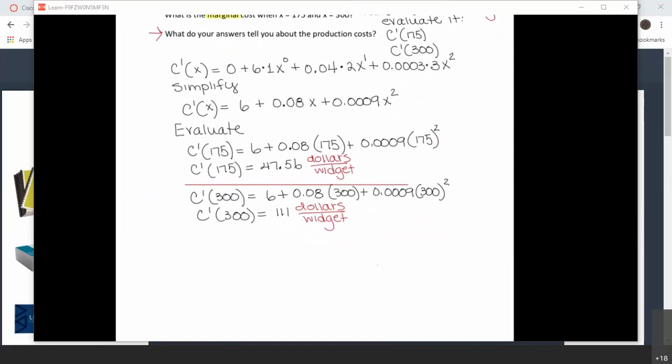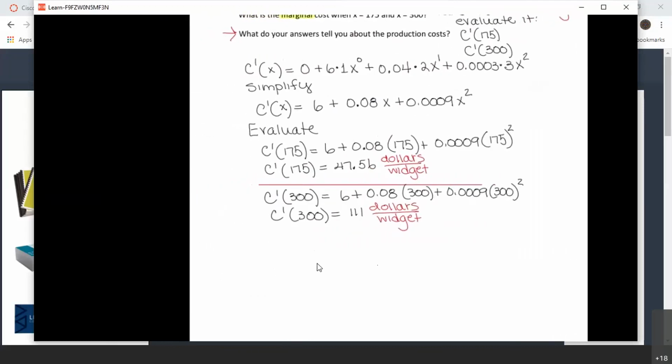If you're at 175 and you make the 176th widget, your production costs will go up $47.56 per widget. So what's happening to your production costs as you make more? The marginal cost is going up by a lot. Everybody understand that? So basically, as production level increases, the marginal cost goes up a lot.